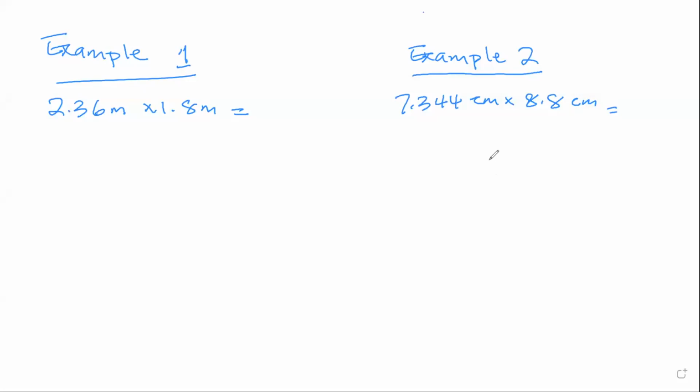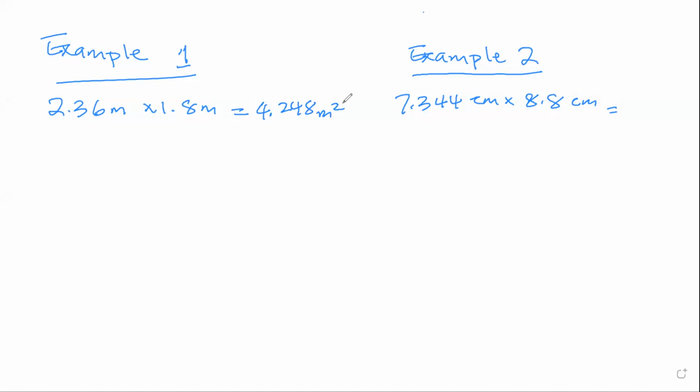Okay, let's look at this example. We are multiplying 2.36 meters times 1.8 meters. We can use a calculator to find out, and it will come out to be 4.248 meters squared.